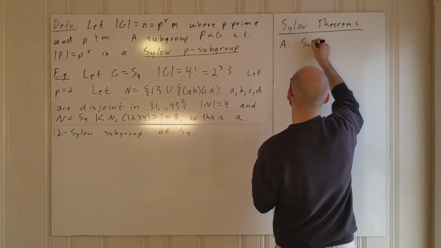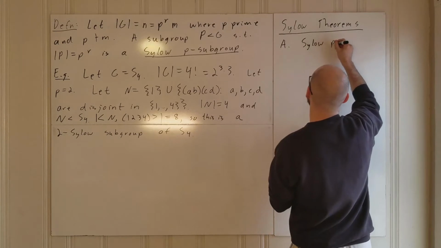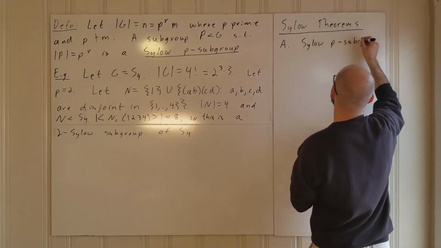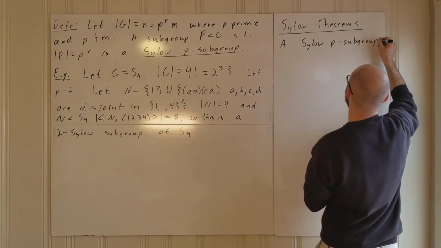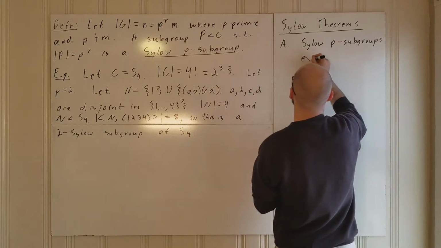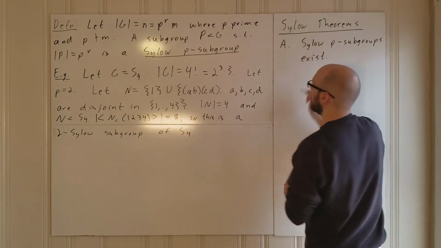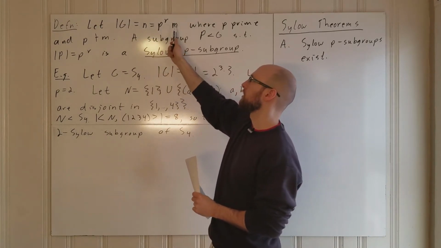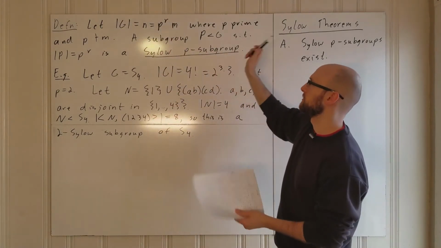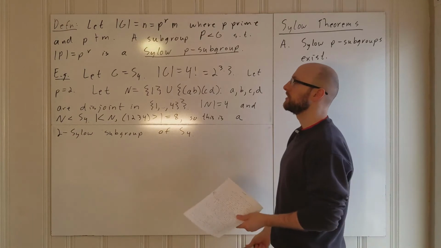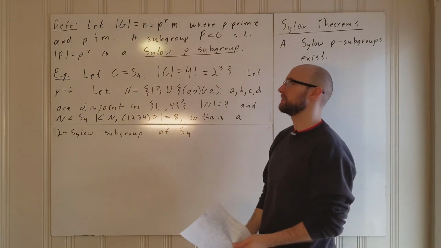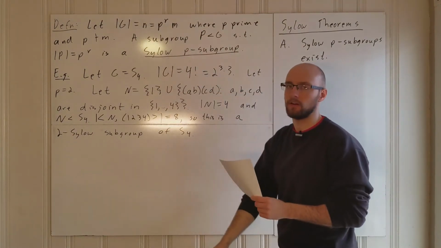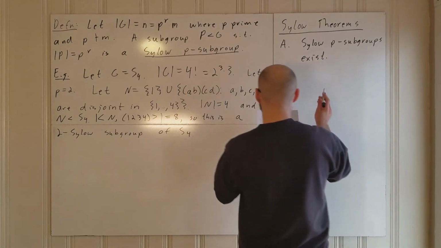So, Sylow p-subgroups exist. I.e., if you have a group G of size p to the r m, where p does not divide m, and so on, then you always have a subgroup of size p to the r. Okay, so that's the first one.